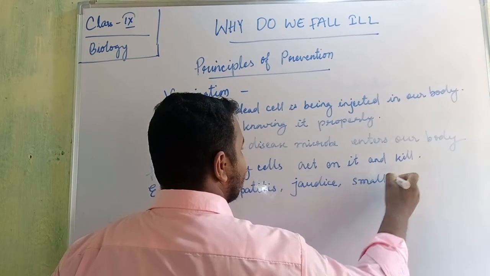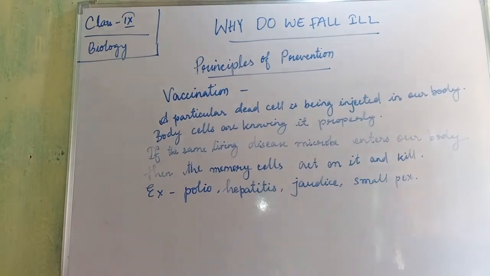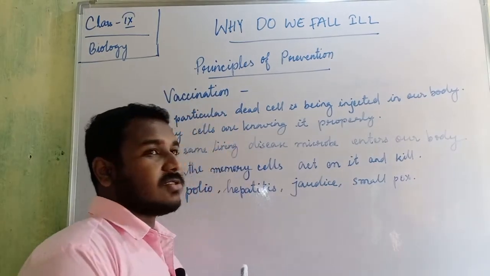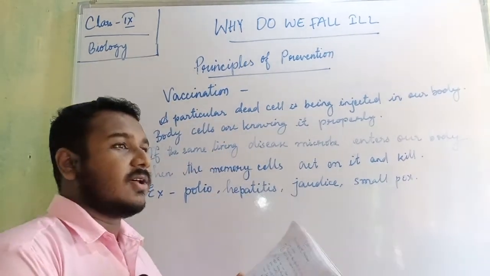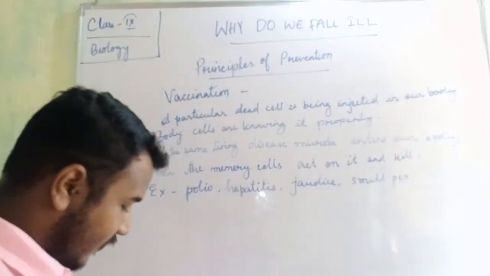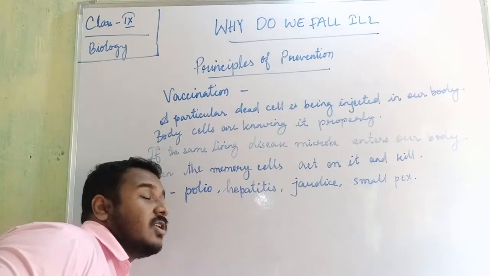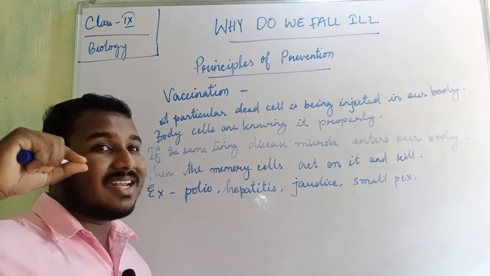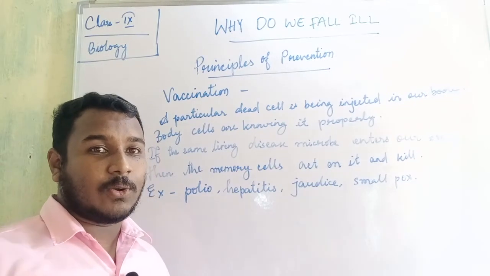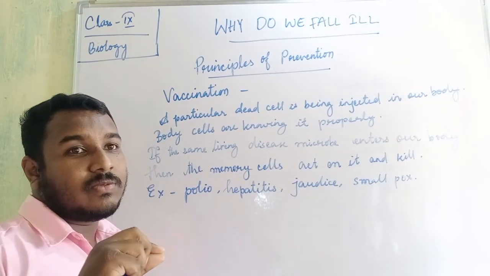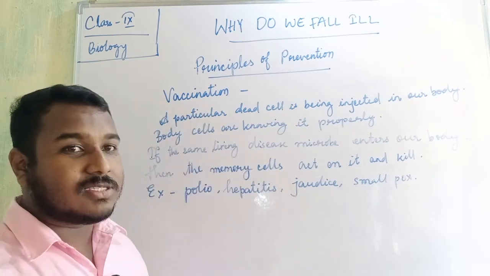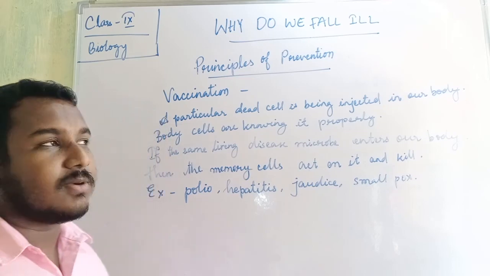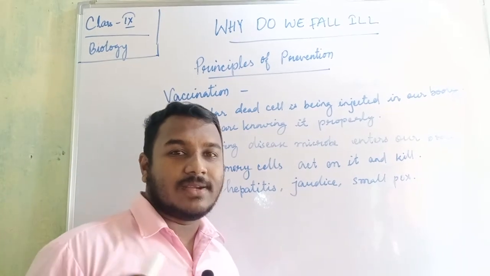These are the different types of viruses we know. So with this we have completed the portion. If you want to write about vaccination, you will write: vaccination is the process by which a dead microbe is injected into the body, by which in future if that same living virus or bacteria enters the body, then our immune system will be able to kill that particular disease.